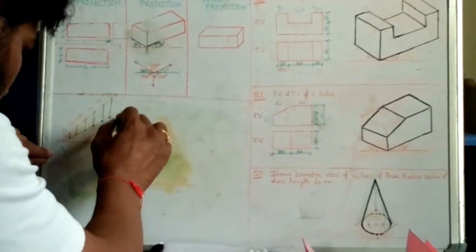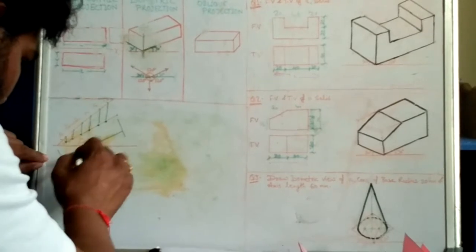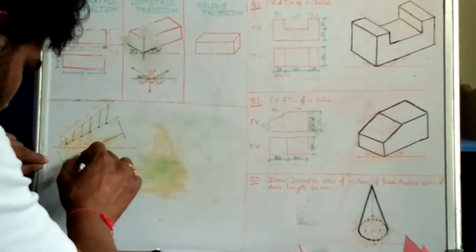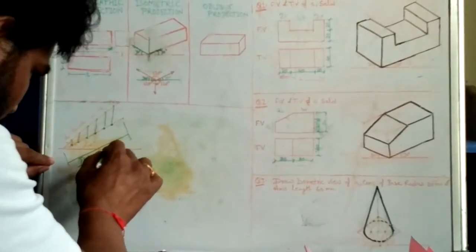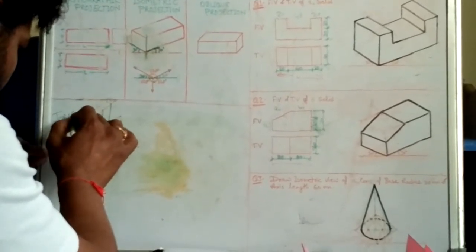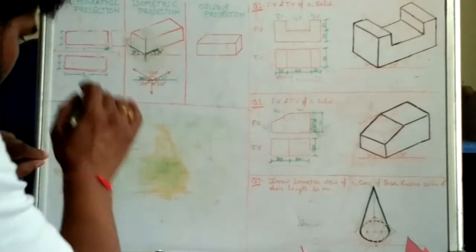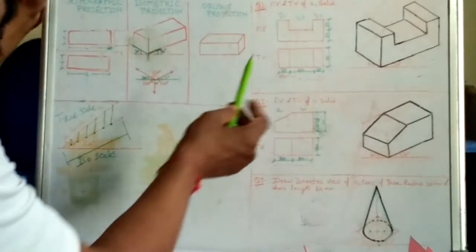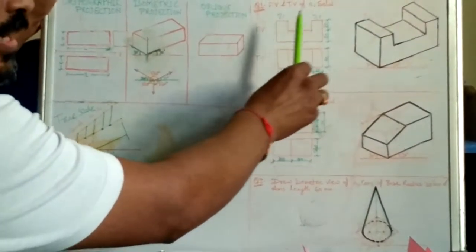So this is the iso scale and this is the true scale. Now suppose you have to draw isometric view.